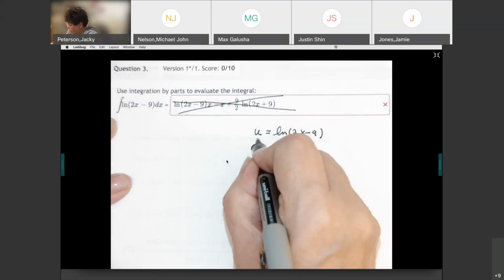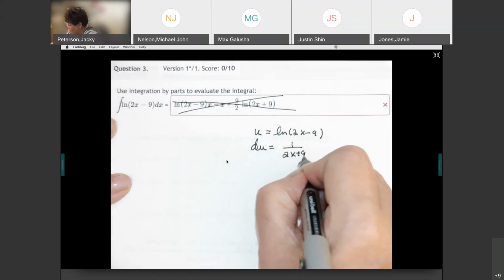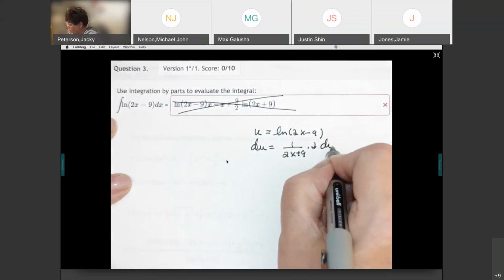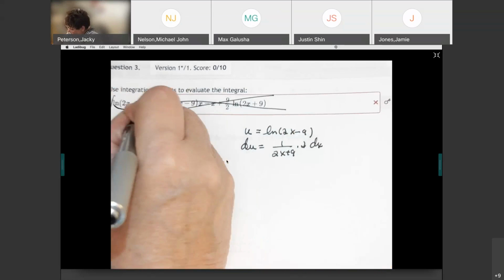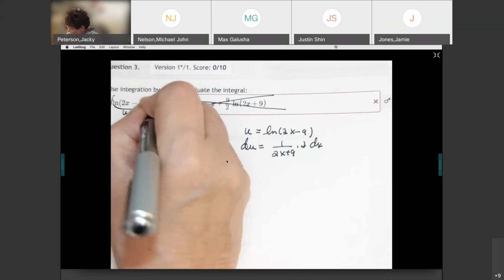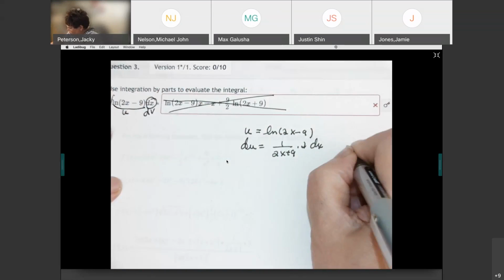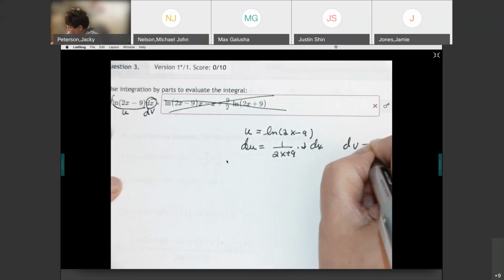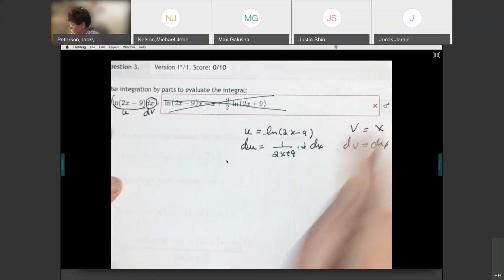So that you know then the du is just 1 over 2x plus 9 times 2 dx, right? So that basically is u. That means that leaves this guy for dv. So that dv is just dx. So that v is just x.